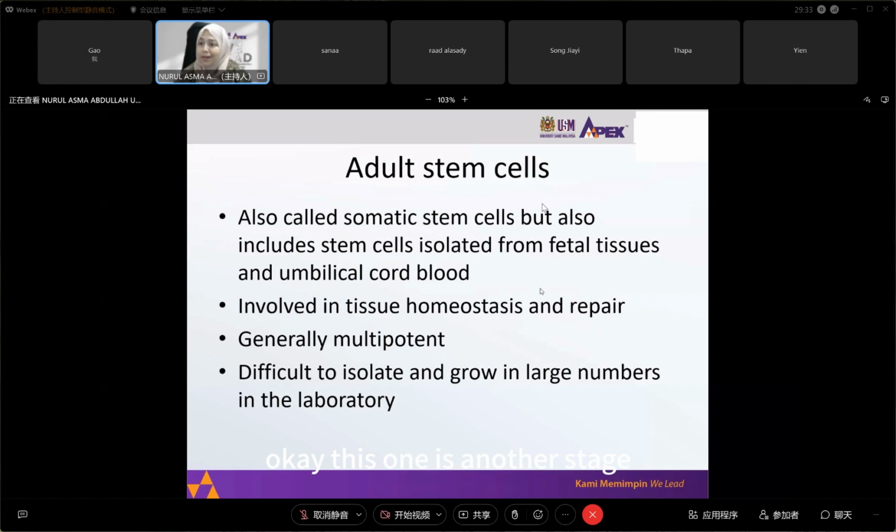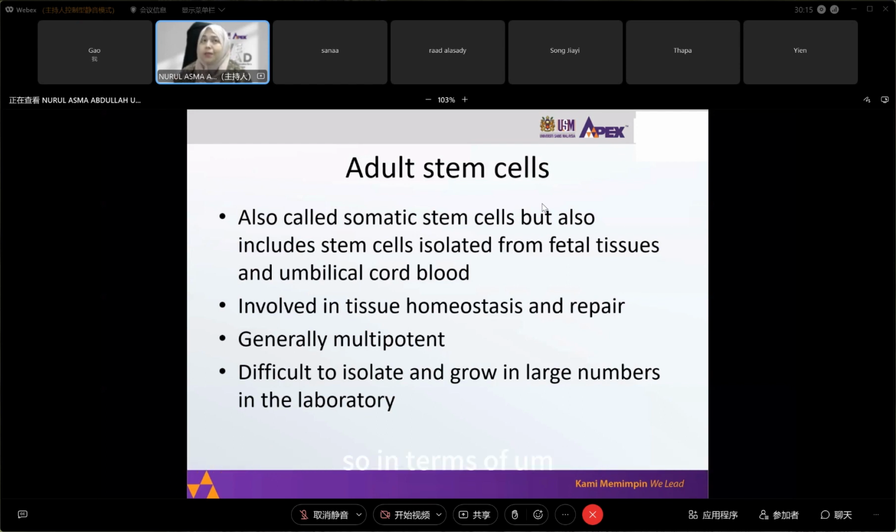This is another stage, after the baby develops and grows during pregnancy into the fetus stage, and after birth. For example, I think some of you have heard of cord blood banking, umbilical cord banking, whereby you can store the umbilical cord from your baby as a source of stem cells.